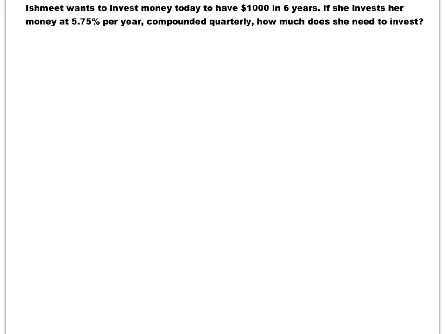We know that the present value P is equal to A times (1 + R) exponent negative N. We know the future value is $1,000 that she wants to have, and our interest rate, which is always per year, is 5.75% per year, but the compounding is quarterly.